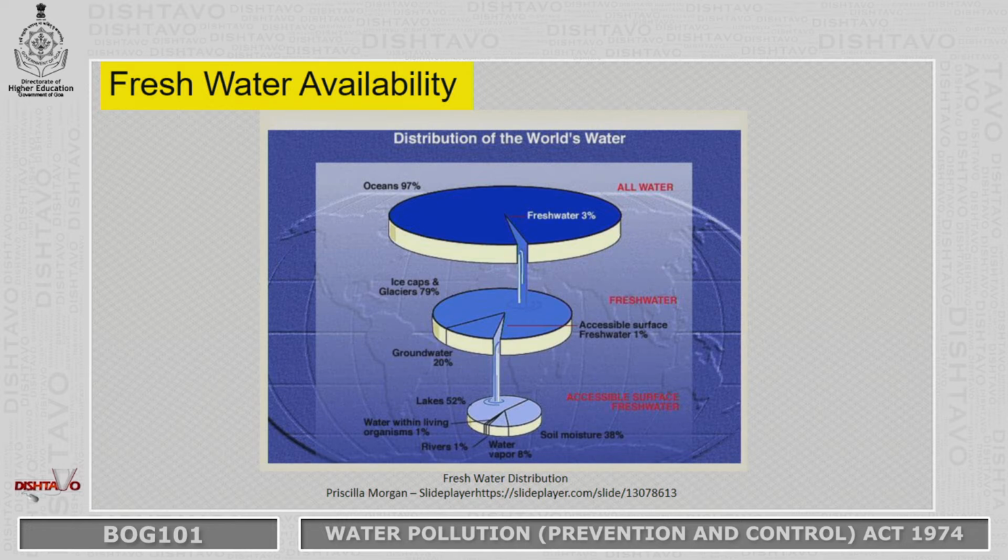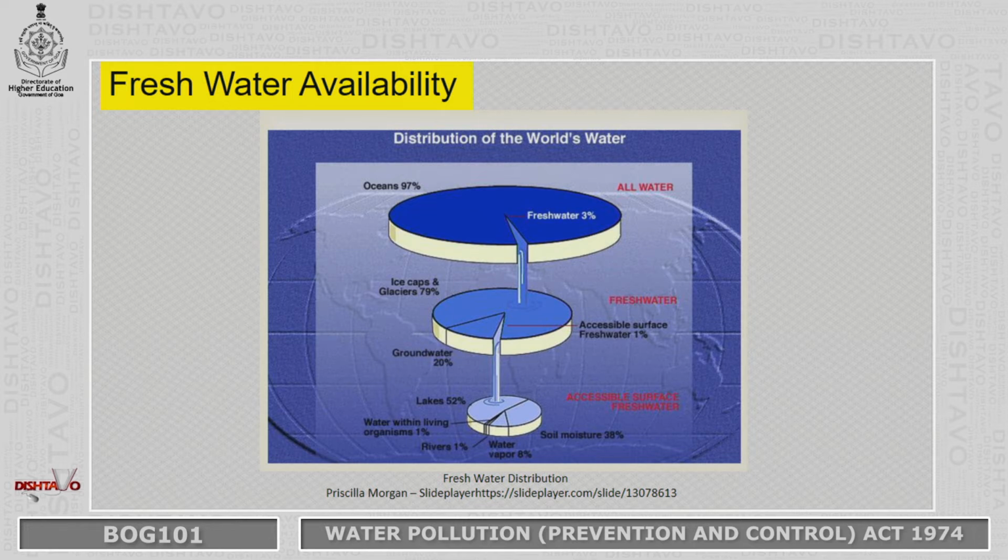And this fresh water in the world is mostly in the ice caps and glaciers, which constitute around 79% of the fresh water. Around 20% is the groundwater, which some of it can be used. And the accessible surface water is just 1%.